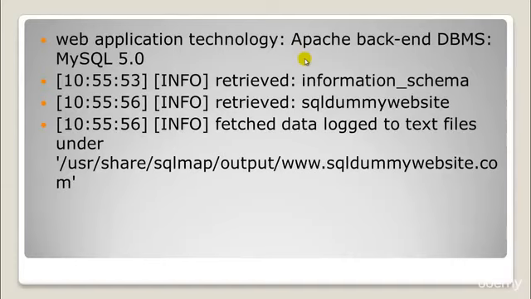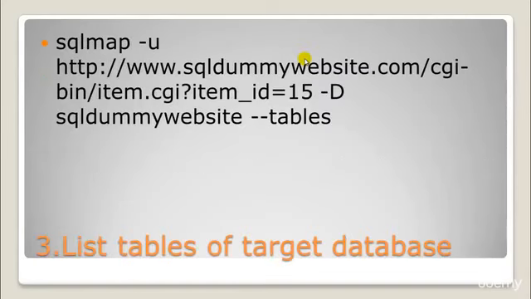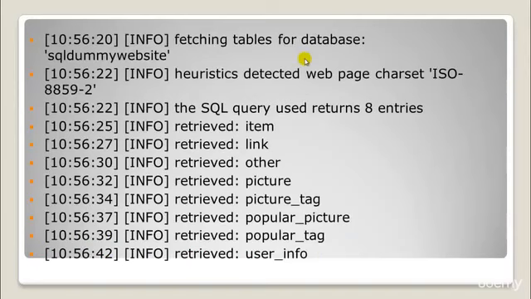So let's list the tables of the target database using SQL map SQL injection. Now we need to know how many tables this SQL dummy website database has and what their names are. To find this information, we'll use another command: sqlmap -u http://dummywebsite.com CGI bin item CGI 15, and after that I will type -D SQL dummy website --tables. This will get us these 8 different tables.